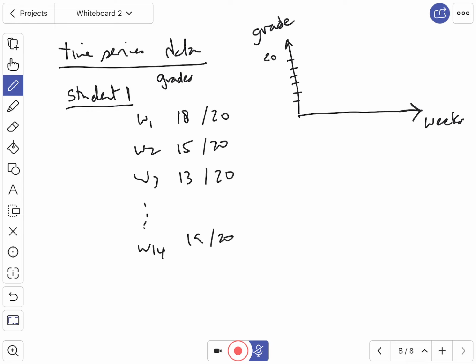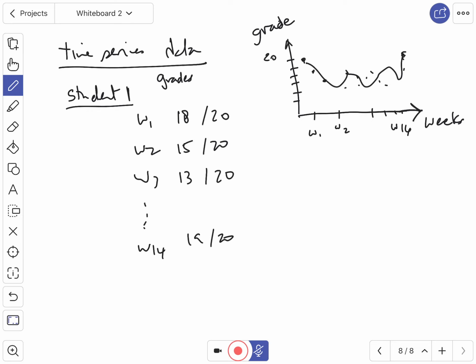This is week 1, this is week 2, all the way 3, 4, until week 14. We start with 18 somewhere here, 15 here, 13, and then probably something like that, and then 19 up to here. So this is called time series data.